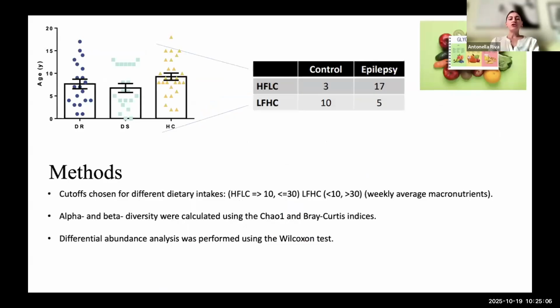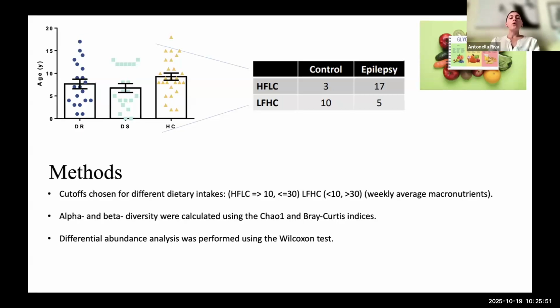I just wanted to show you some results. This is a sub-analysis of the work that we published in Epilepsia, but we did not publish this particular analysis because we did not reach statistical significance. In particular, we wanted to see if there were differences between control and epilepsy patients in gut microbiota locally, taking into account diet, so high fat, low carbohydrates versus low fat, high carbohydrates, which is a mimic of the ketogenic diet, but less restrictive and more feasible in everyday life.